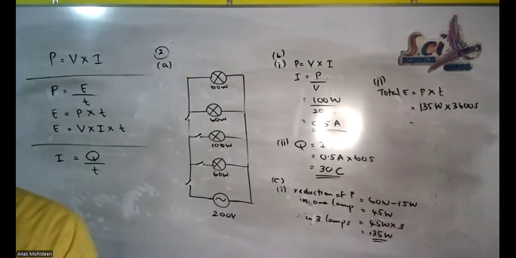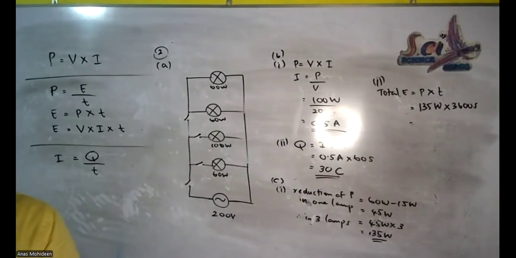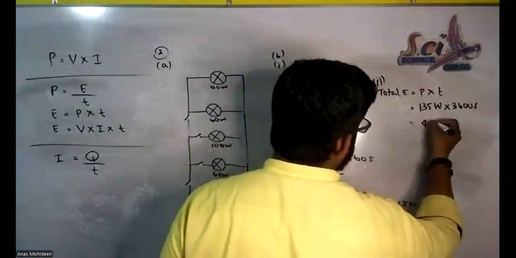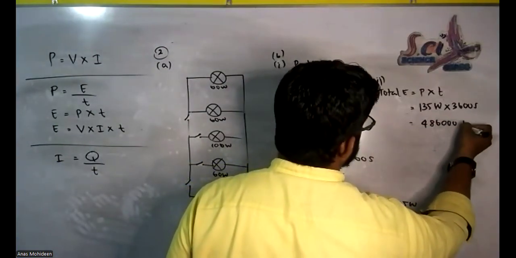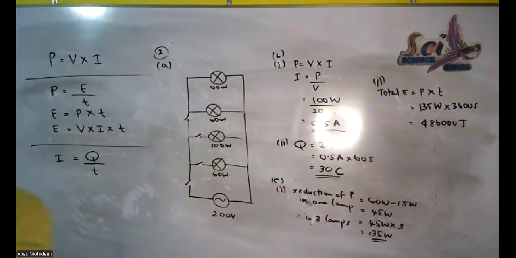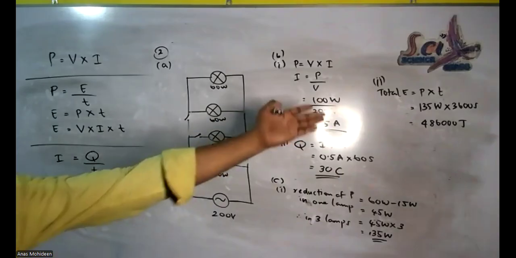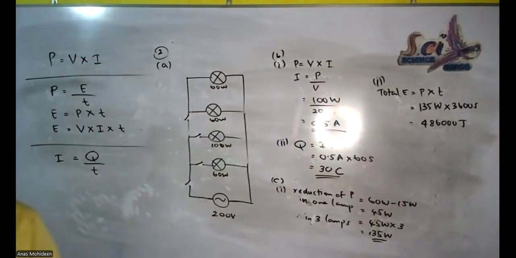How much do you get when you multiply this? 135 into 3600 is 486,000. Yes, 486,000 joules. Energy, right? Joules. So the question is asking for energy saved. Energy saved is 486,000 joules.